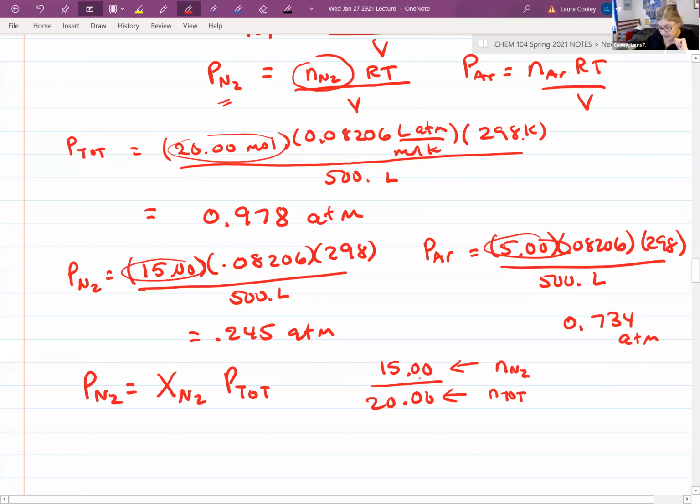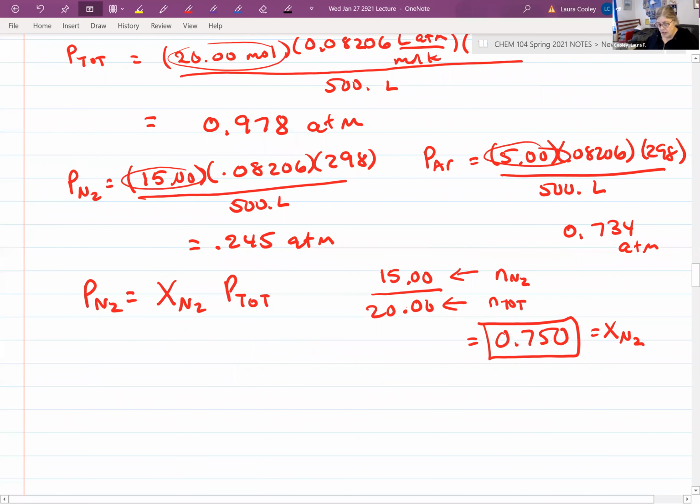So you could see that that is 0.750. That's the mole fraction of nitrogen, which also tells you what the mole fraction of argon is going to be. If the mole fraction of N2 is 0.750, what's the mole fraction of argon? What do mole fractions all have to add up to?